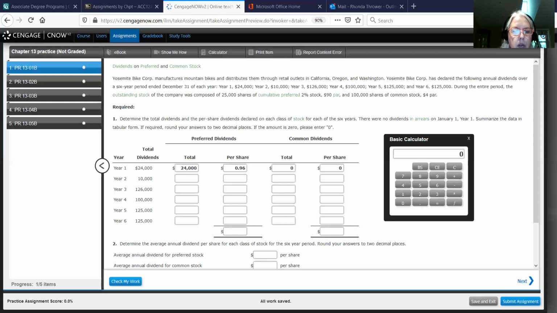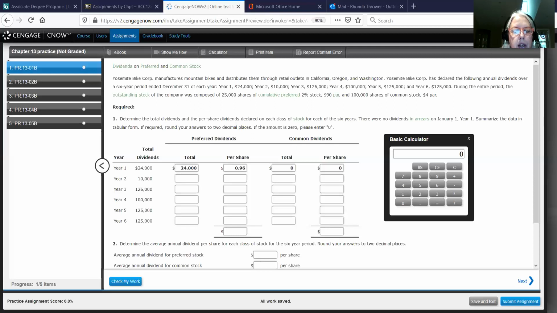It was 24,000. So the dividends in arrears, the amount of dividends that we still owe to our preferred stockholders, is found by subtracting the 24,000 from the 45,000 to give you dividends in arrears for year one of 21,000. That's important information that we need to know before we can calculate the computations of dividends in year two. This is how much we owe from year one to our preferred stockholders.